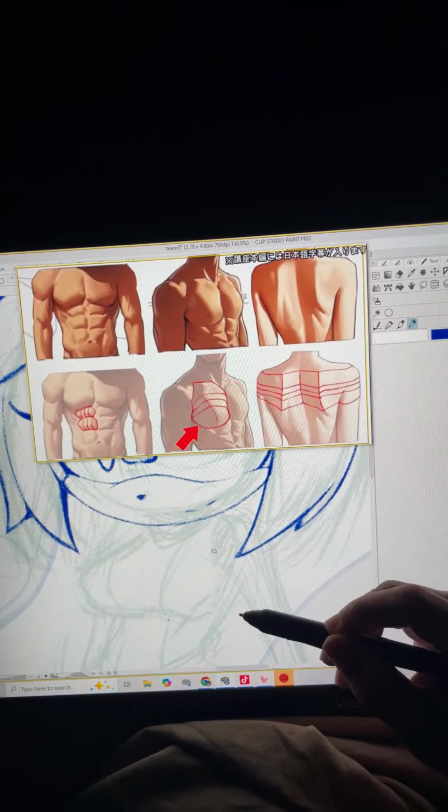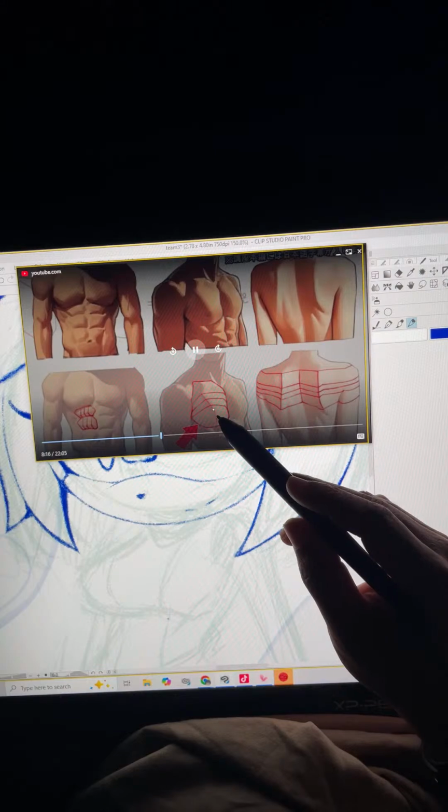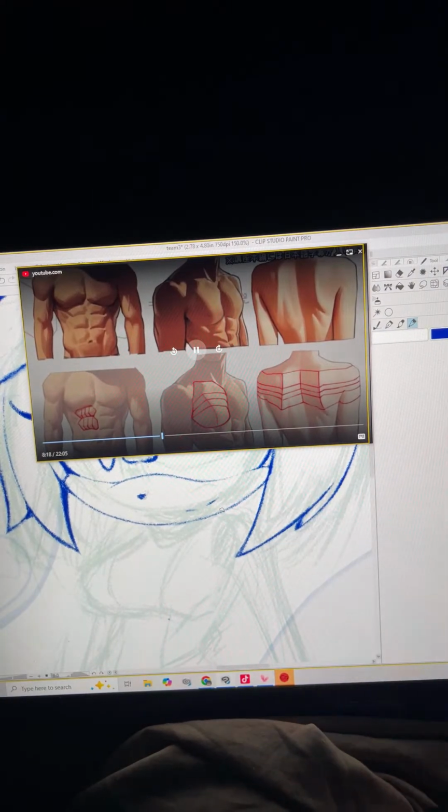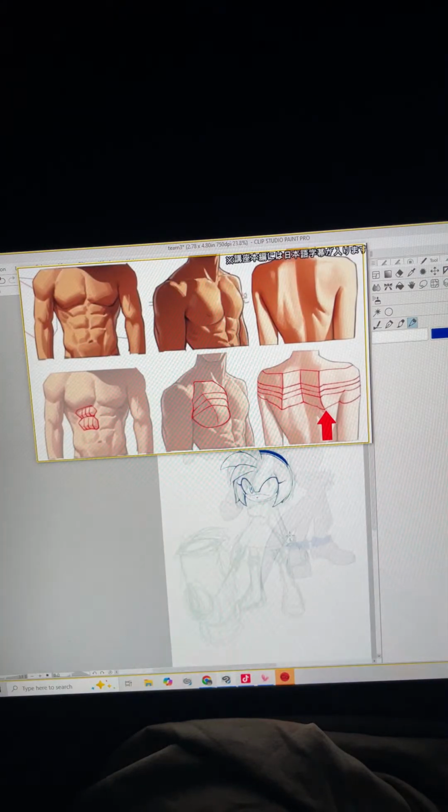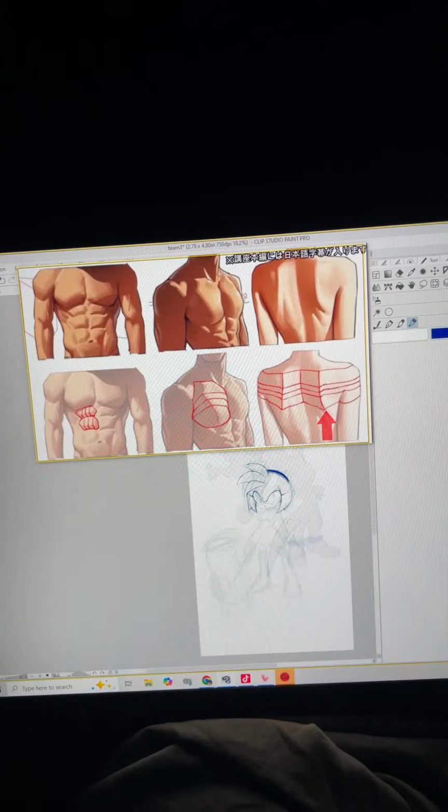The size of the surface that bends in the large chest is larger than the abdominal muscles. And in the picture of the back on the far right, you can see that there is a fairly large surface based on the shoulder blade.